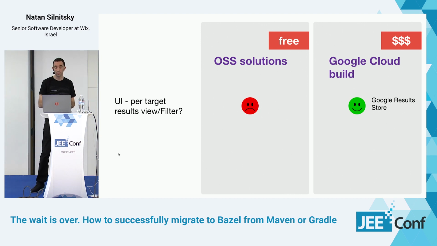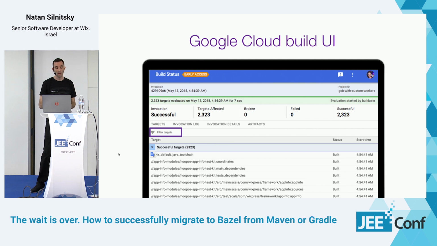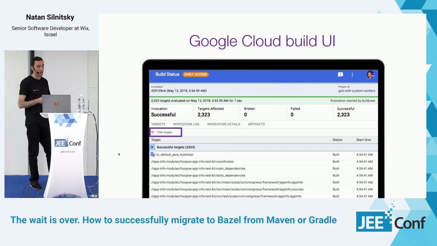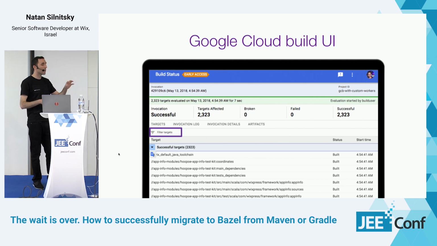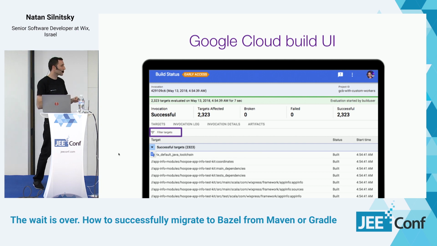But Google does offer something like that. So here you can see the result for one of our repositories, and you can filter the targets according to an area that you're interested in. You can also see which targets have failed or how broken. So this is pretty convenient. Otherwise, you have to look at a very long log file.